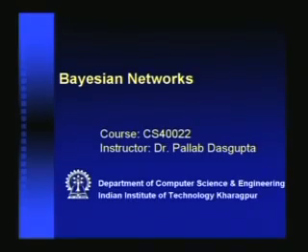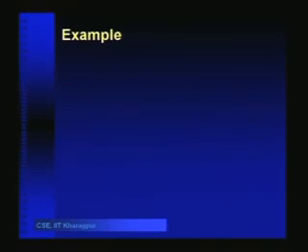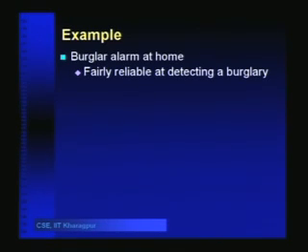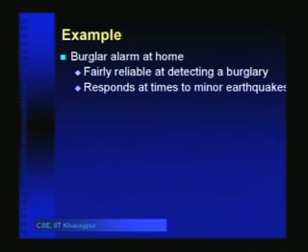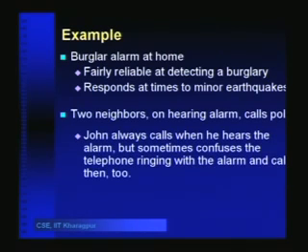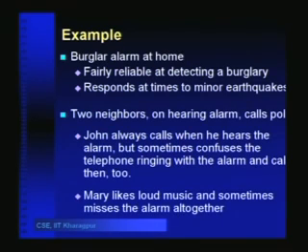So, let us recap. The example was that we have a burglar alarm at home, which responds to burglary or earthquakes. There are two neighbors who, on hearing the alarm, call the police. John always calls when he hears the alarm, but sometimes confuses the telephone ringing and also calls, and Mary does not always call even when the alarm goes off, because Mary is fond of loud music.